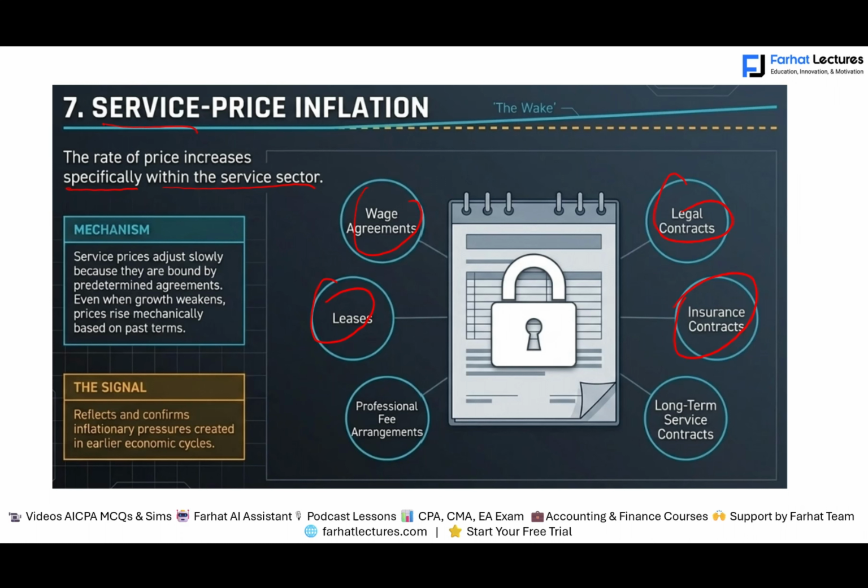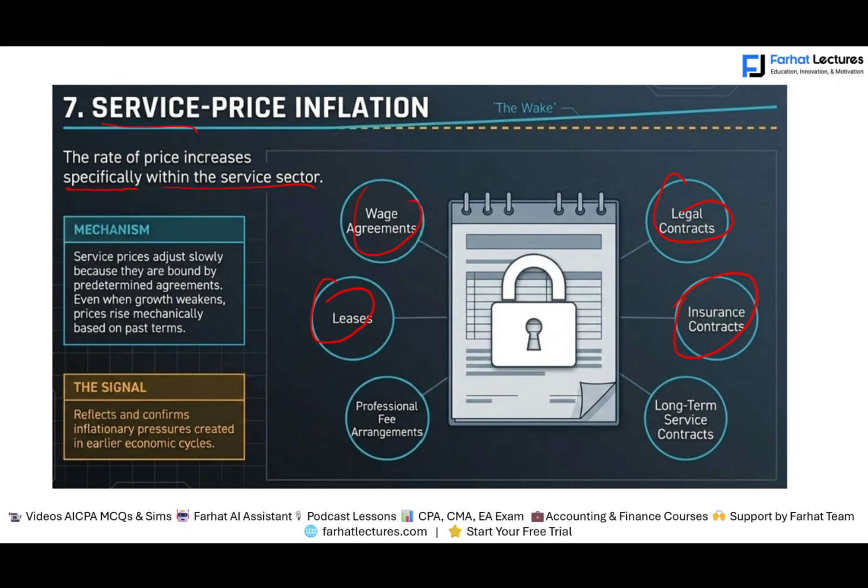Service businesses often have long-term expenses like office leases, insurance contracts, equipment financing. And these costs change slowly because once the agreement is set, it could be set for a year or two. So service providers will continue increasing prices even after the economy slows down.